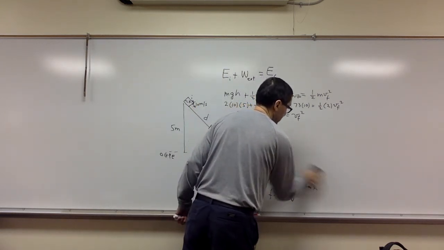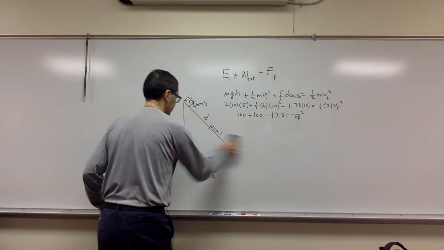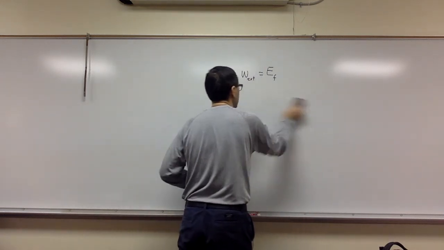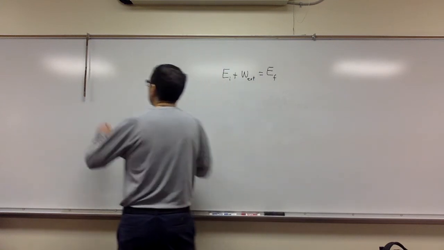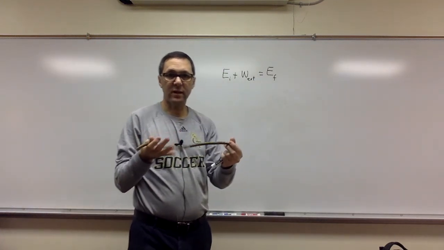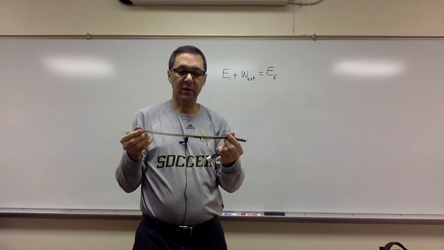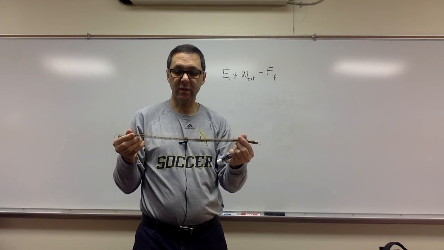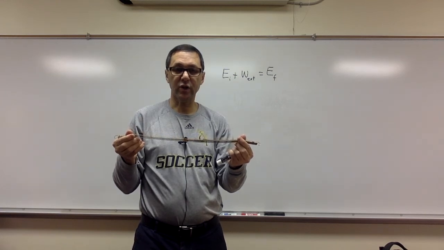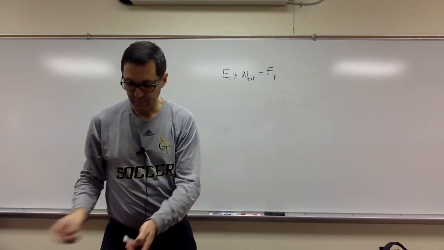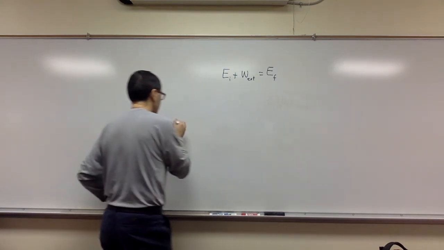All right, let's look at an example maybe with a spring. Okay, so I'm going to take this spring here. Let's say this is the unstretched position. Okay, let's say it's stretched. I stretch it 2 centimeters, and I want to stretch it another 3. So in other words, this is the unstretched position.